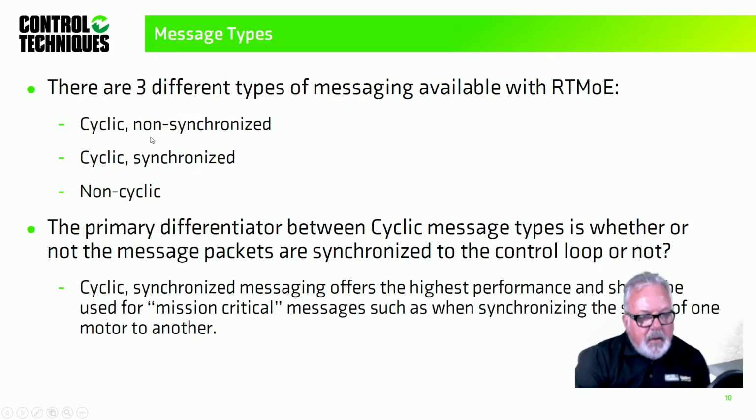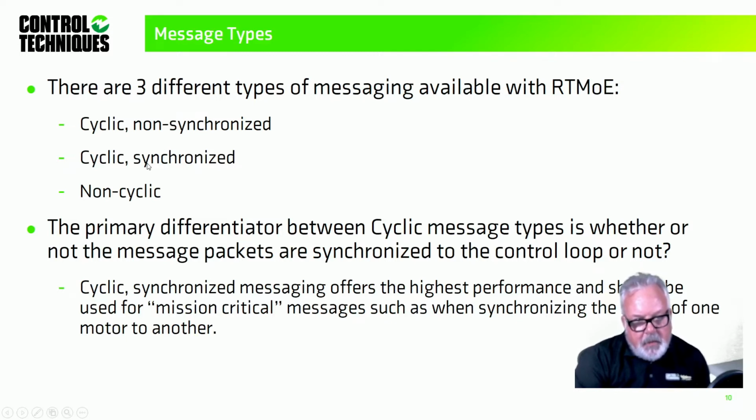They are cyclic, non-synchronized, cyclic, synchronized, and then just straight non-cyclic. Now the differentiator between cyclic message types, these two, is whether or not the messages are synchronized to the control loop or not. So when I say cyclic synchronized here, those messages are for mission critical data.